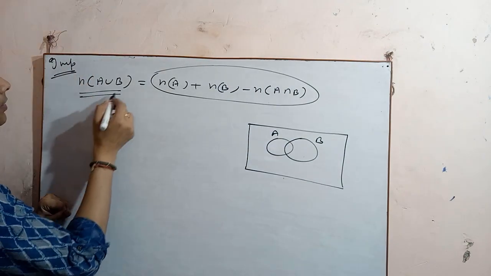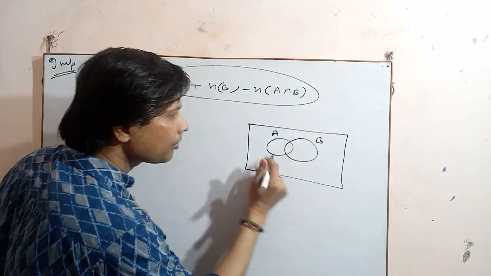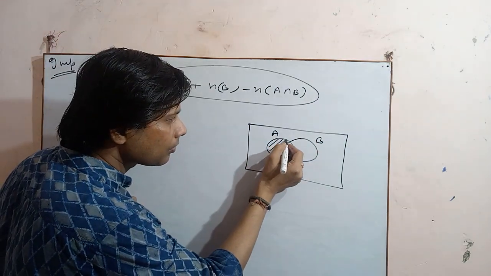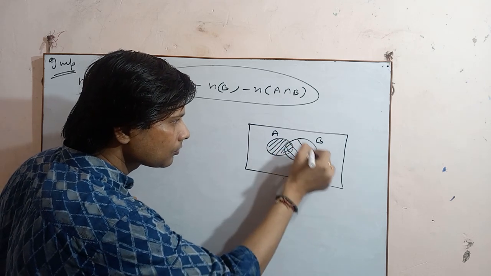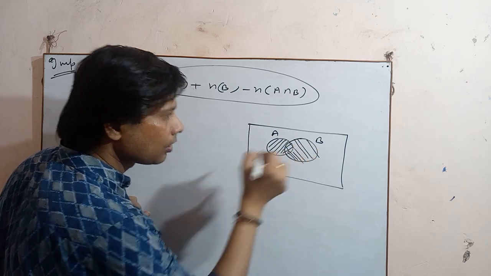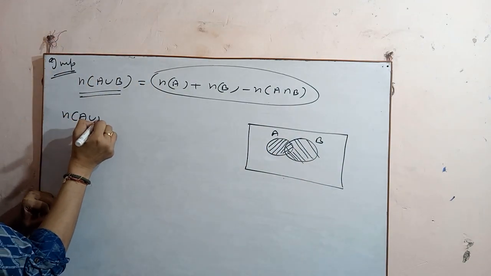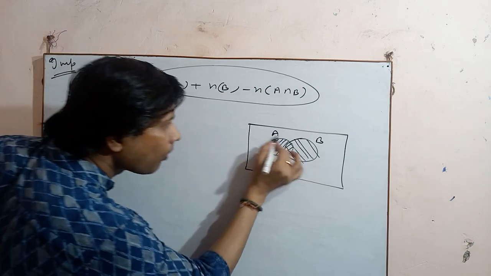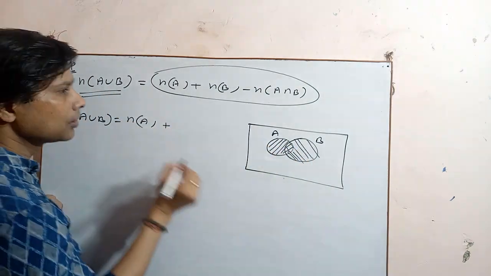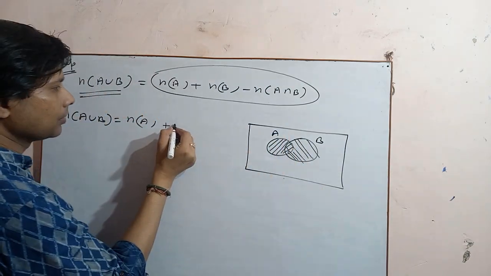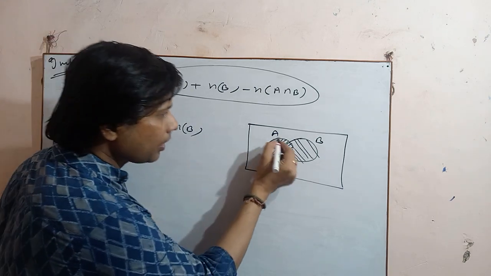Left hand side, there is the number of elements in A union B. As you know, A union B means all A like this way and all B. So I have taken number of elements in A union B is equal to all A, plus number of elements in B, meaning all B. But the problem here is that you have taken A. Okay.